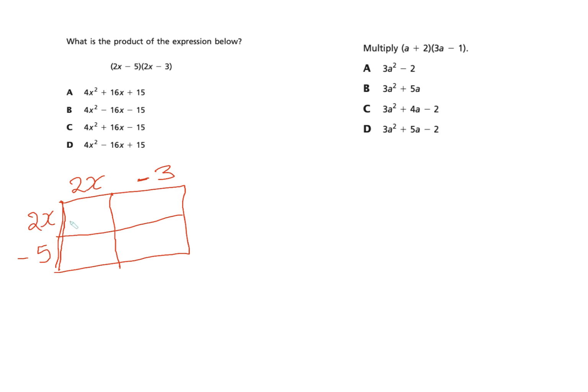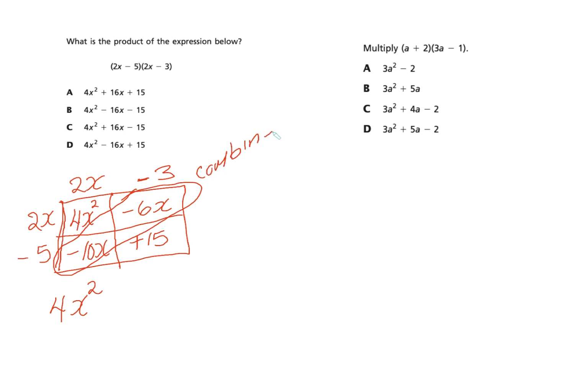2x times 2x is going to be 4x squared. 2x times negative 3, negative 6x. Negative 5 times 2x, negative 10x. Negative 5 times negative 3, positive 15. Starting from the left-hand corner, I have 4x squared. Then when I get here, these middle terms, you're going to combine.